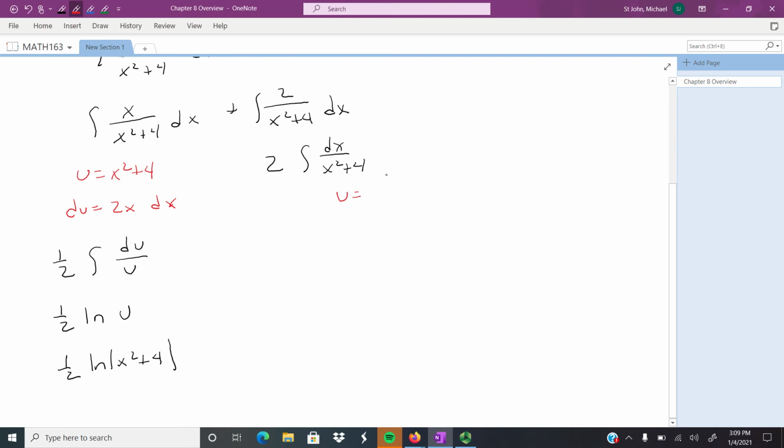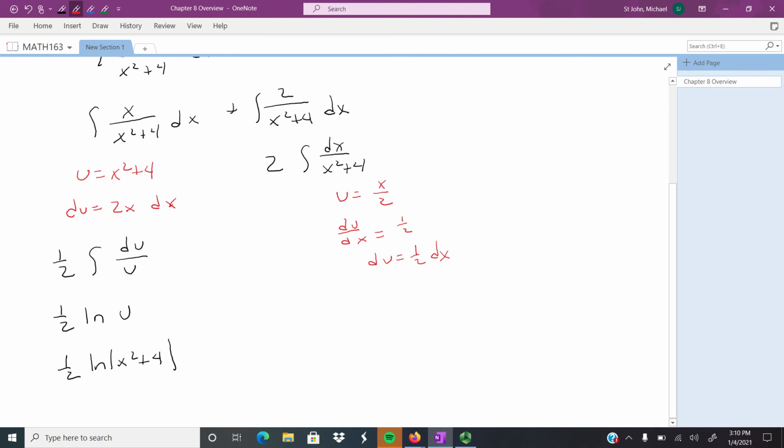So u is going to equal x over 2, and then du dx equals 1/2, so du equals 1/2 dx, or dx equals 2 du.